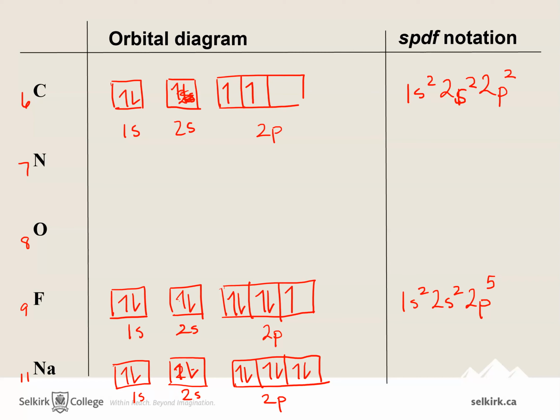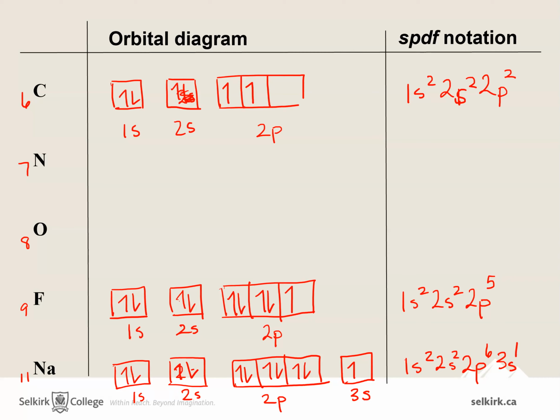So now I'm going to have to go to the next energy level, and that is 3s. 3s comes in sets of 1. There's room for one more electron. SPDF notation: 1s2, 2s2, 2p6, 3s1.